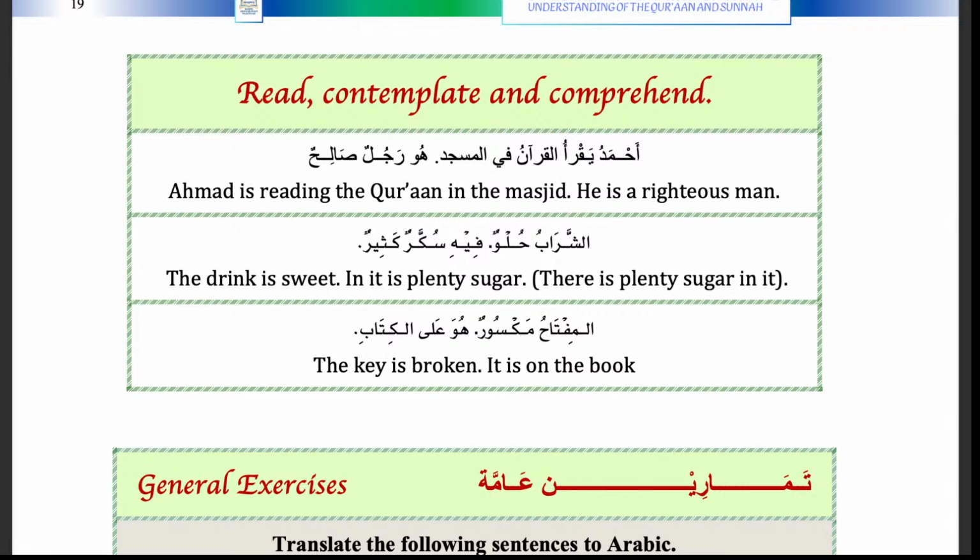Ashhadu an la ilaha illallah. أشهد أن محمدا رسول الله. أشهد أن محمدا رسول الله. حي على الصلاة. حي على الصلاة. حي على الفلاح. حي على الفلاح. الله أكبر، الله أكبر. لا إله إلا الله.